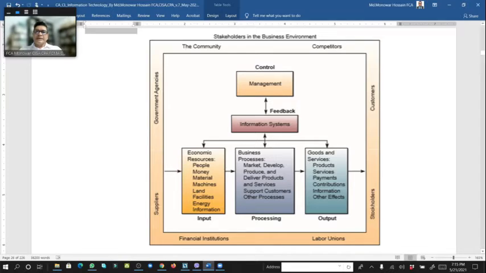That output here, the information system is giving the feedback through input and output within the process.